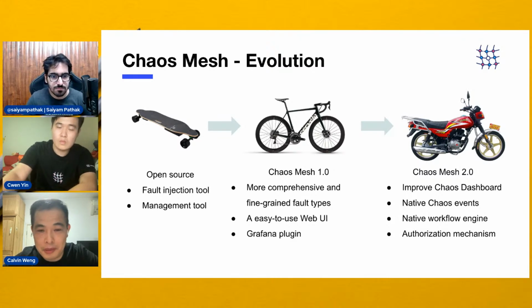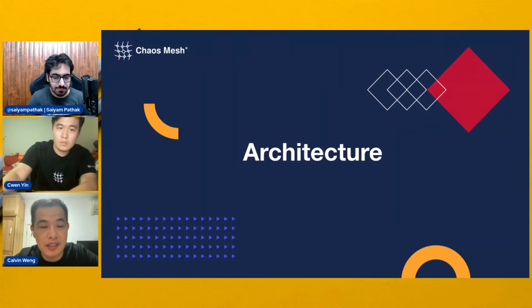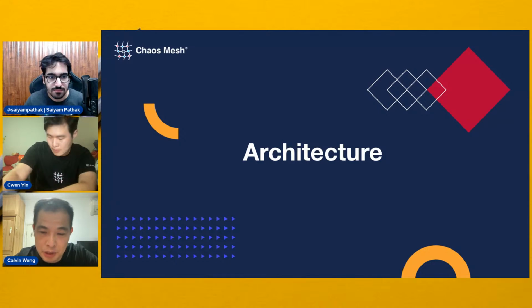That's the simple roadmap so far for Chaos Mesh. Yeah, that's a very brief overview. And next, I will hand over to Chenwen, and he will give you a deep dive into the Chaos Mesh architecture and the 2.0 features.